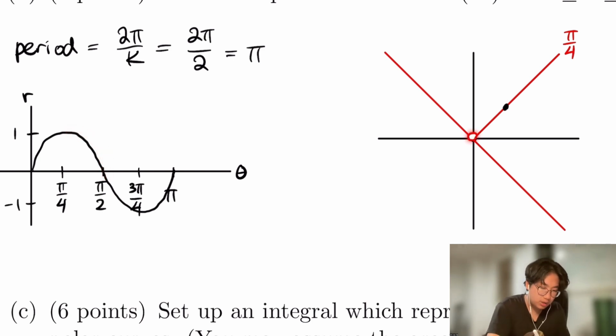So once we hit pi over 2, we're coming right back to the origin. So what this part roughly looks like is something like this. Let's see if we can draw that better. Something like that. That's good enough. Actually, no, I can do a better job. Let's see. I'll draw that further out. Let's see if that helps.